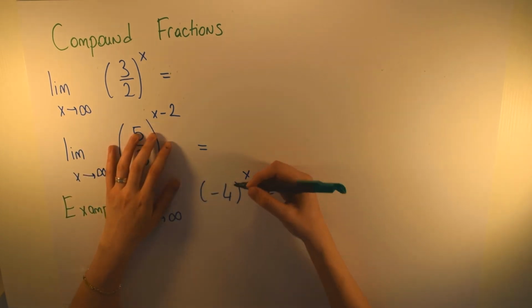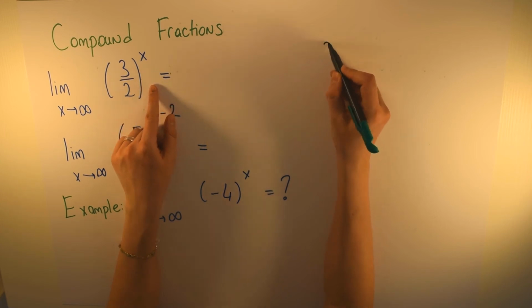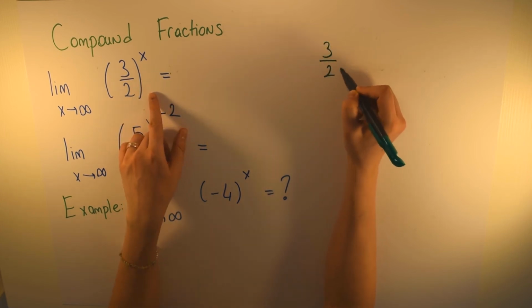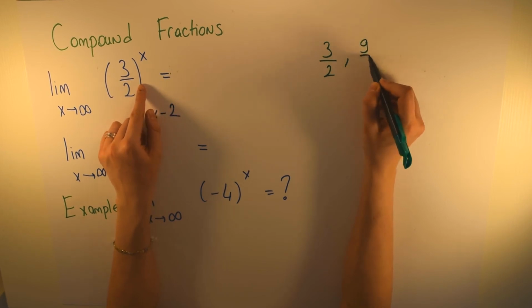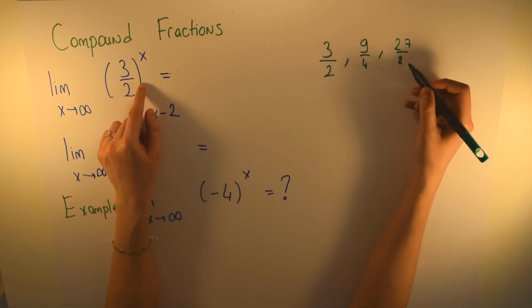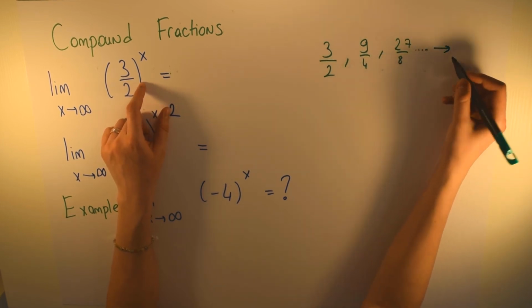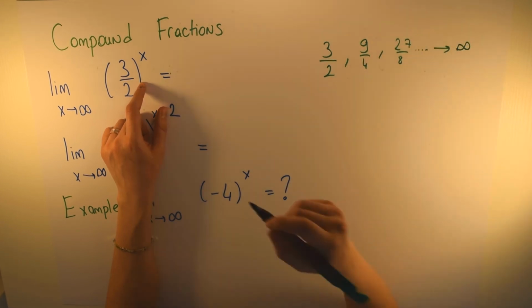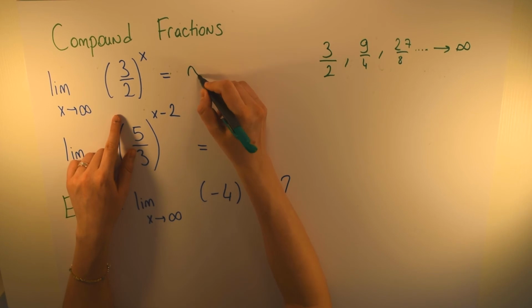For example, let's give x 1, it's equal to 3 over 2. When we give x 2, it's 9 over 4, and then it's 27 over 8. As you can see, this gets bigger and bigger, and it approaches infinity. So that's why its limit is equal to infinity.